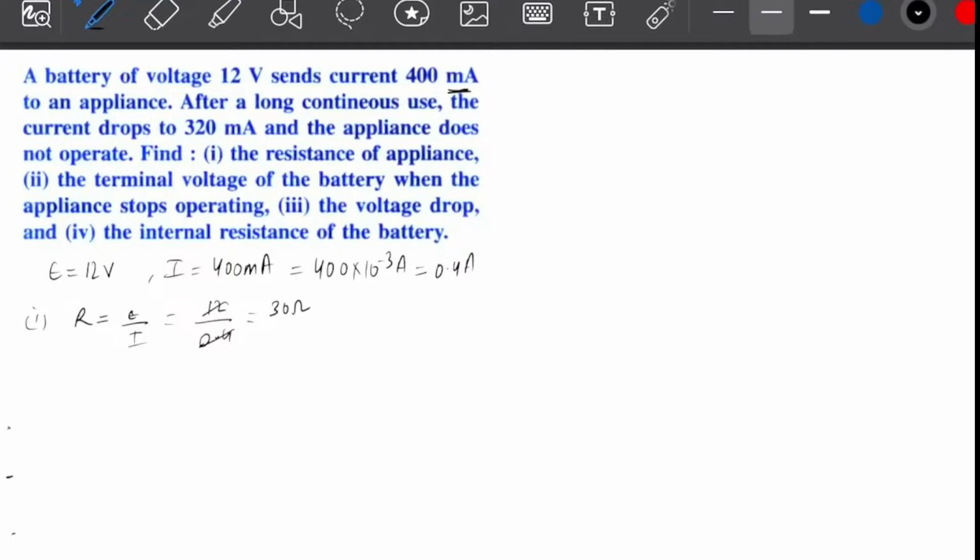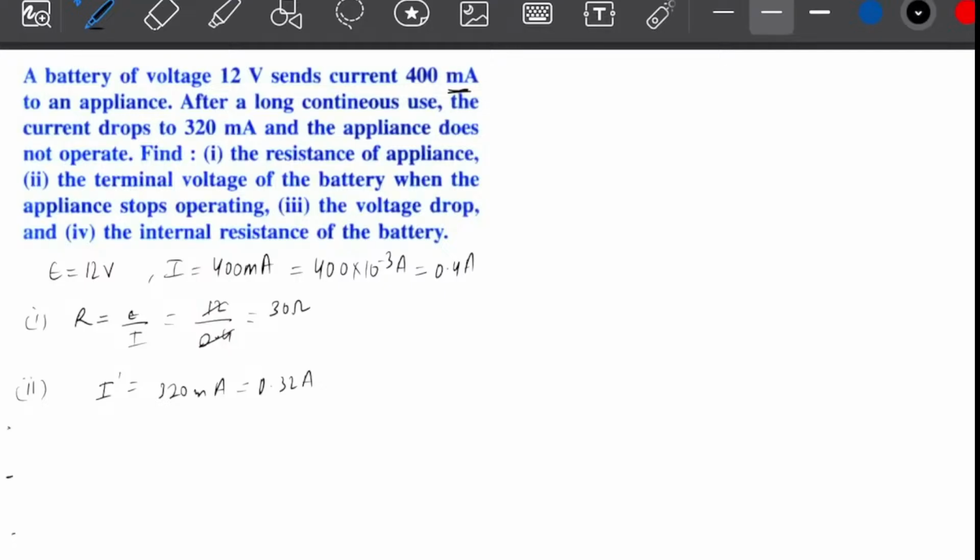The second part is we need to find the terminal voltage of the battery when the appliance stops operating. We know that after the prolonged use, the new current value becomes 320 milliampere. Let's say it becomes I dash, which gives a value of 0.32 amperes.